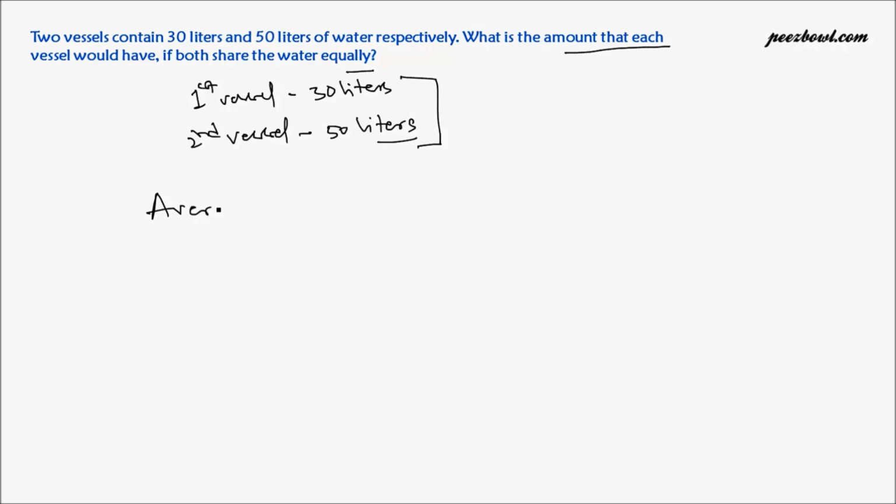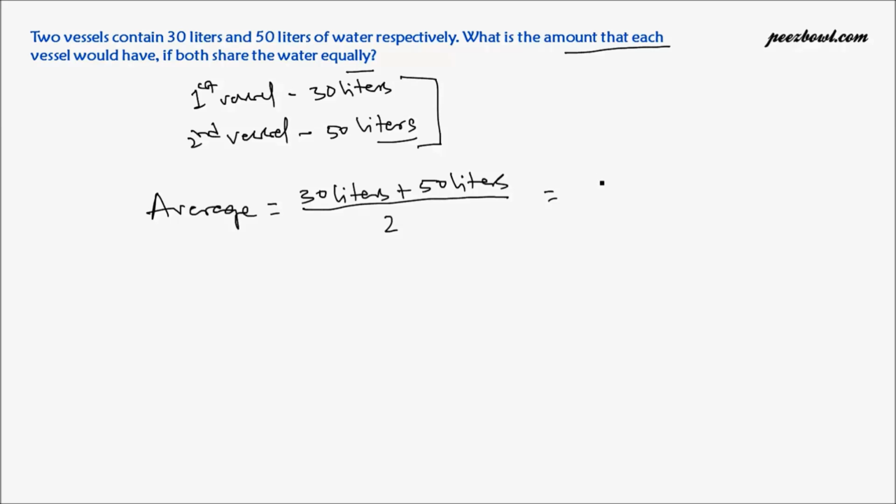Write it down. The average of 30 liters and 50 liters will be the sum of 30 liters and 50 liters, and we have two observations, so this will be divided by 2.